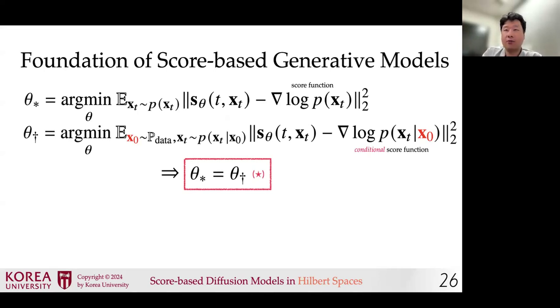So we can write the explicit formula for computing the conditional score function in the second objective function, which means that we can use this conditional score function as a target to train our score model.